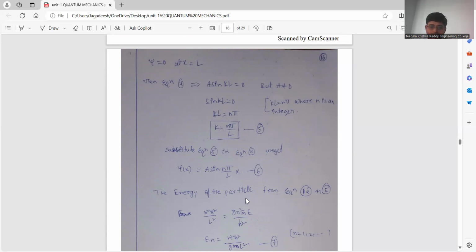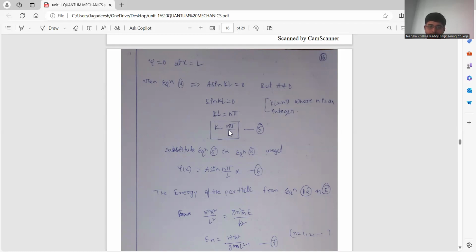The energy of the particle from equation 1a and 5: n²π²/L² is equal to 8π²mE/h².